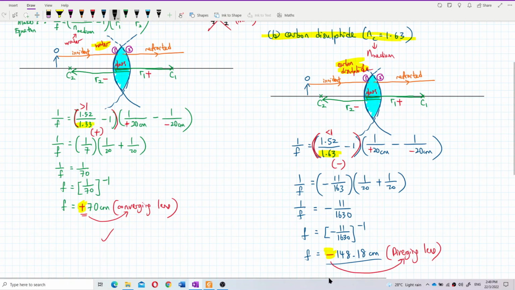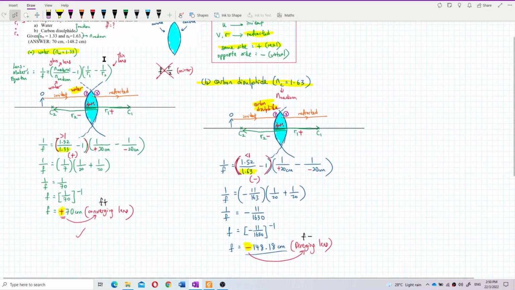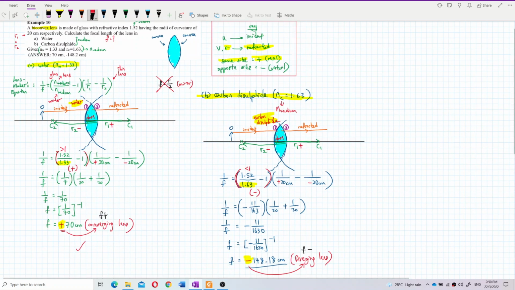When f is positive, it is converging; when f is negative, it is diverging. So is the answer correct? Yes, it's correct. It's negative 148.18 centimeter.